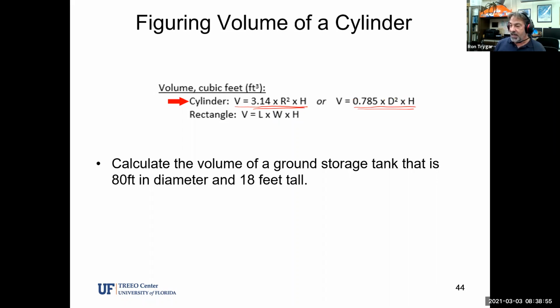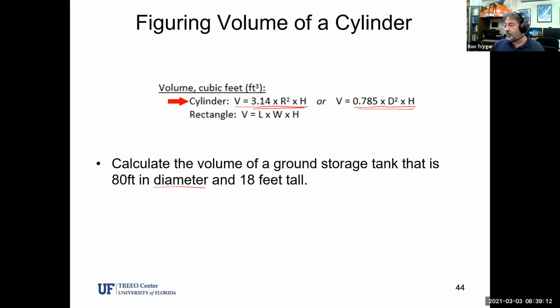So here we have a question. It says, calculate the volume of a ground storage tank that is 80 foot in diameter and 18 feet tall. So we have the possibility here, because the word diameter is in there, we know that it's a circular shape.